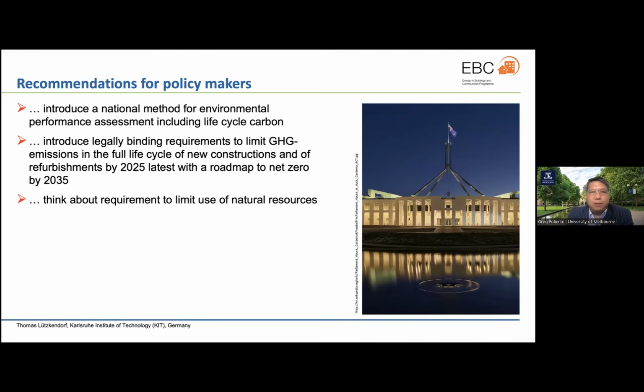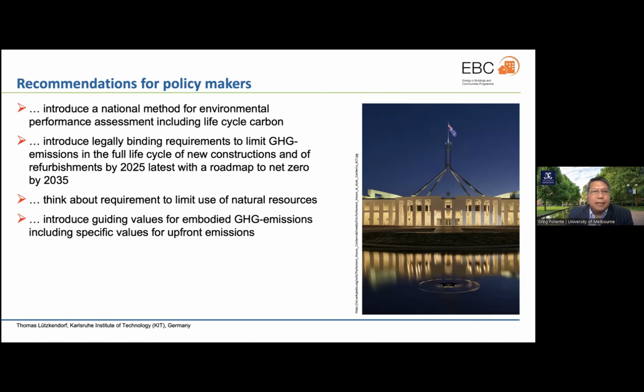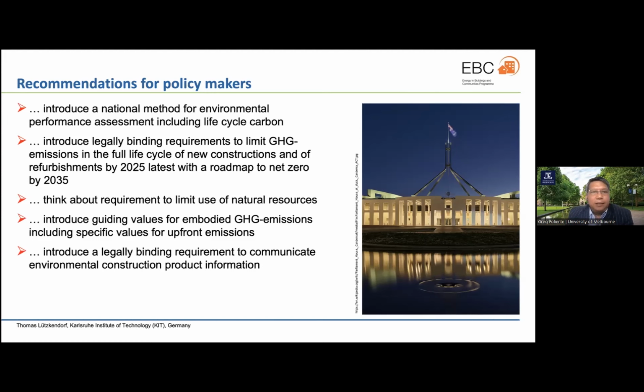Think about requirements to limit use of natural resources, introducing guiding values for embodied emissions, including specific values for upfront emissions, introduce a legally binding requirement to communicate environmental construction product information, and provide a national database for environmental product information. These are general recommendations across the world.